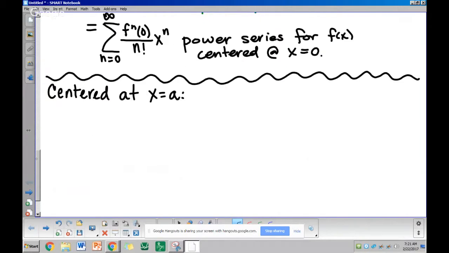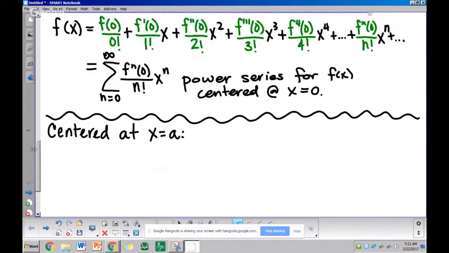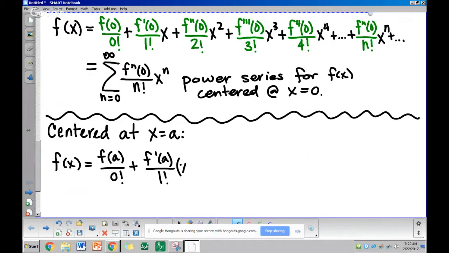So our power series is going to be the version of this where we say f of x equals f of a over 0 factorial plus f prime of a over 1 factorial times x minus a. And that's the transformation that we have to make when we're centered somewhere other than x equals 0.